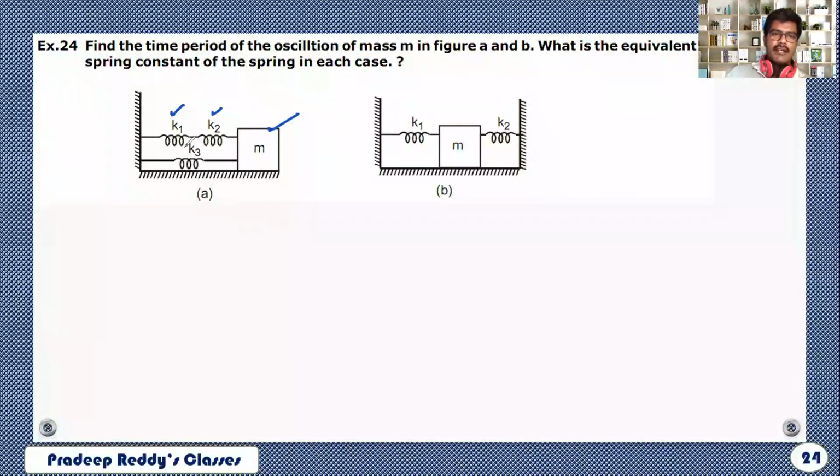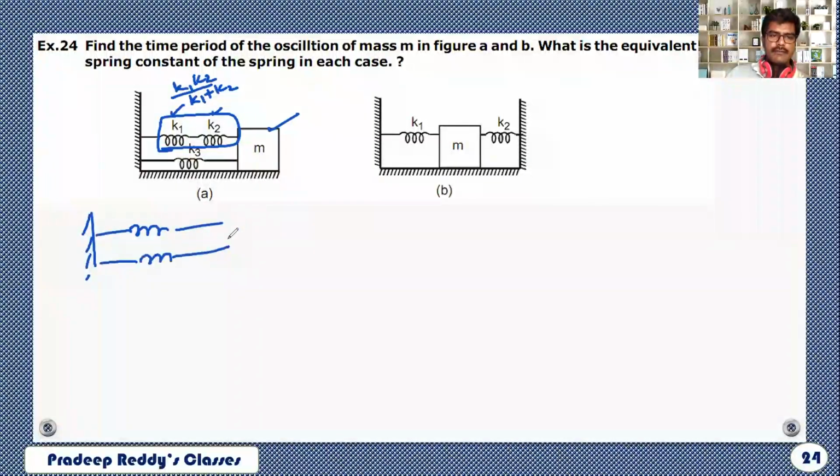So I can write their effective as k1 k2 divided by k1 plus k2. So I can now redraw this diagram like this. This is k1 k2 divided by k1 plus k2, and this bottom one has spring constant k3.